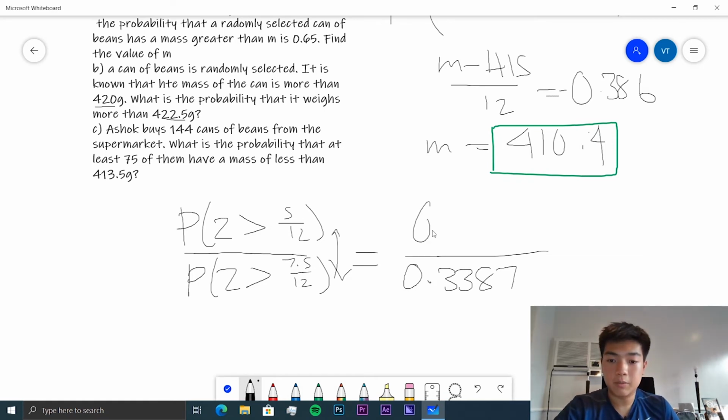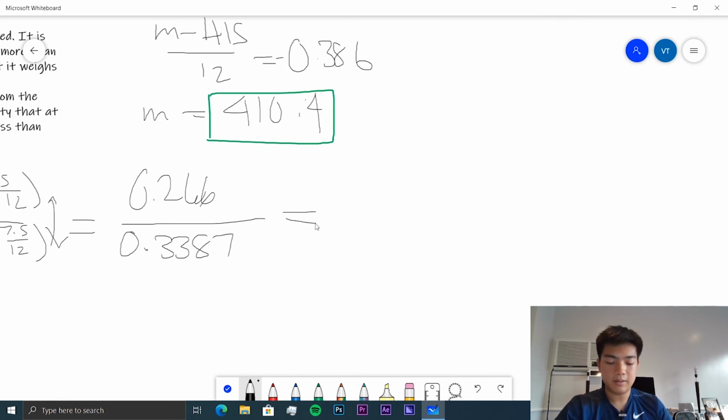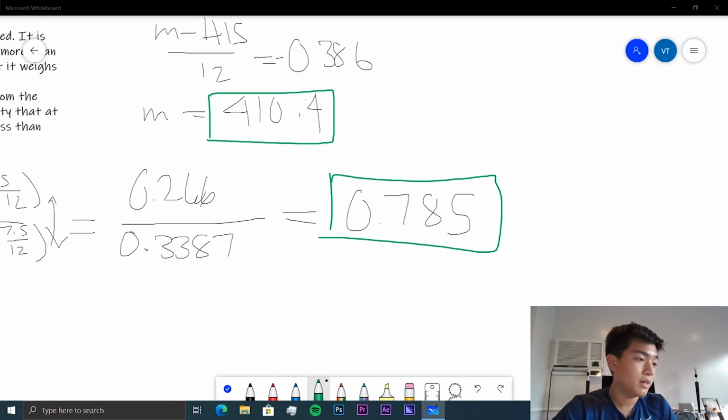And so I got 0.266 over here. So the probability that it's greater is 0.266 over 0.3387, which is equal to 0.785. So there's a 78.5% chance that if it's greater than that value, it will also be greater than the higher value.